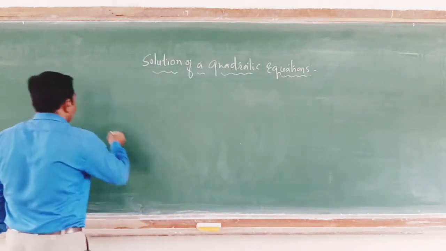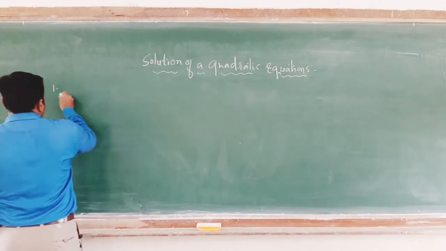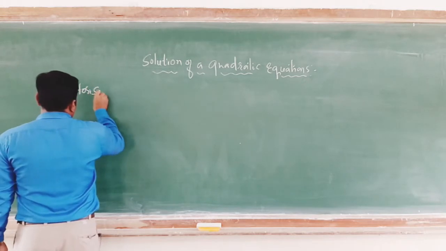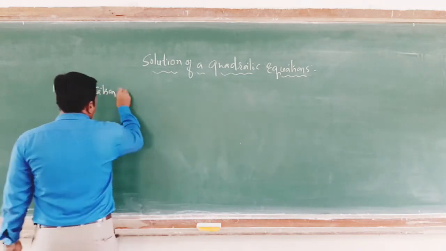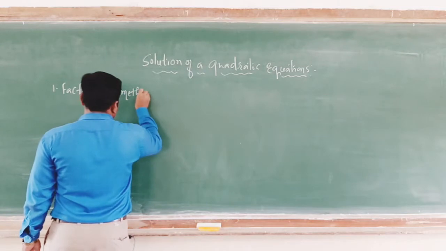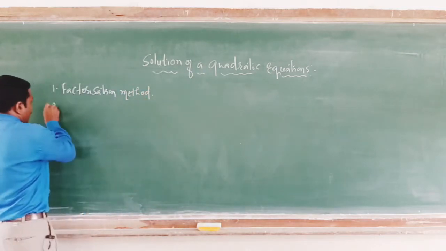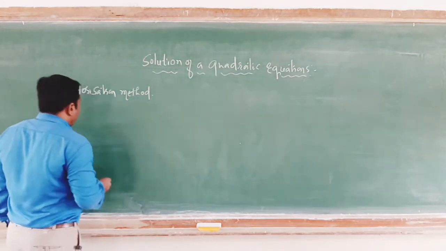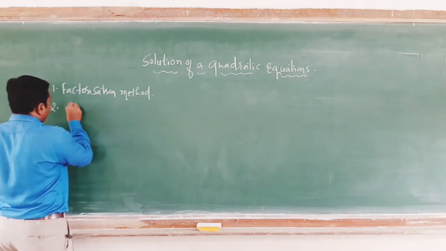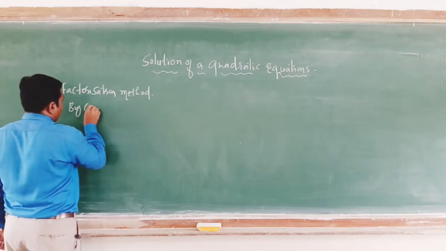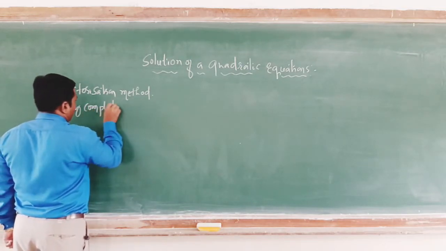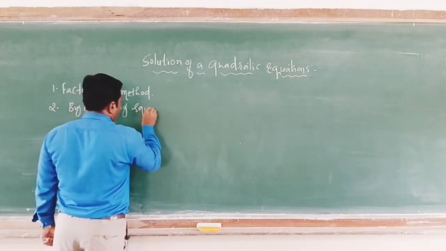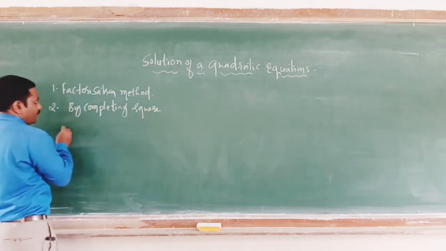First one, factorization method. Second one, by completing the square.